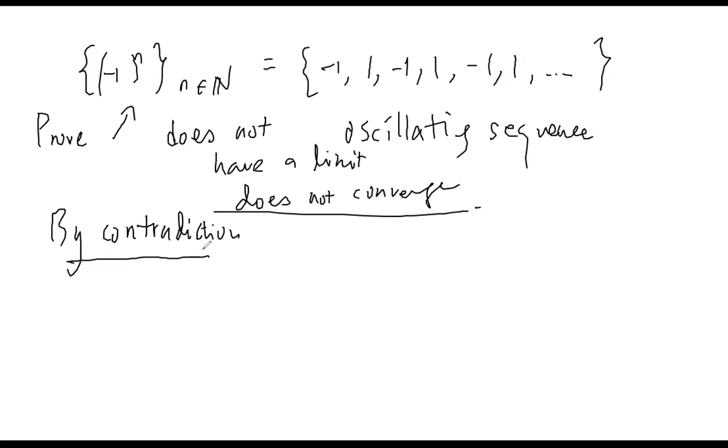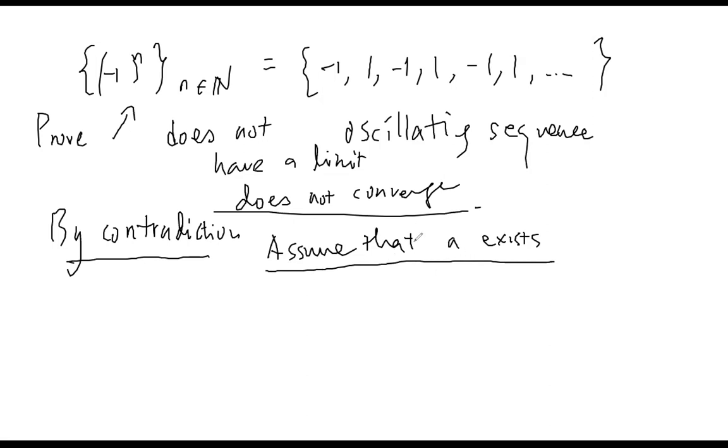So you want to establish a contradiction. You want to prove that A does not exist, so you assume that it exists, and then show that this assumption leads you to some absurd conclusion. Then you establish a contradiction.